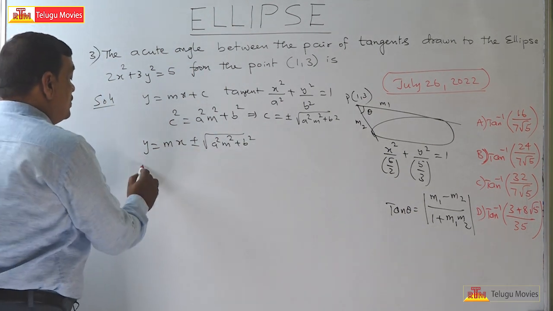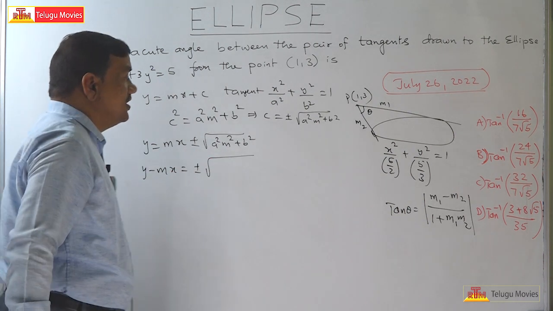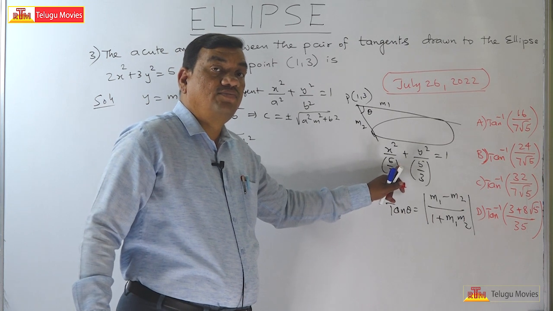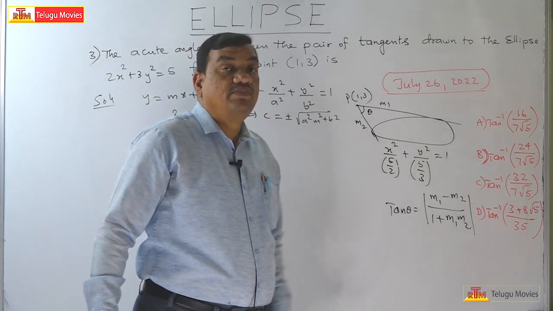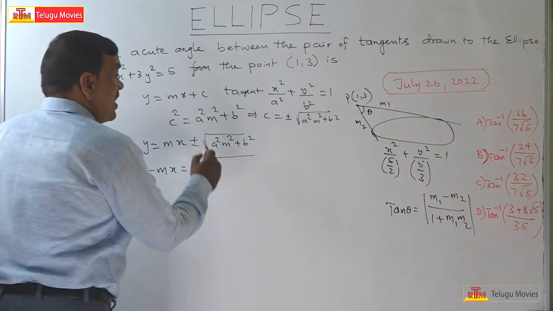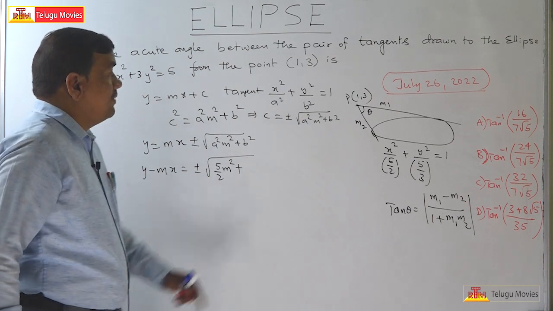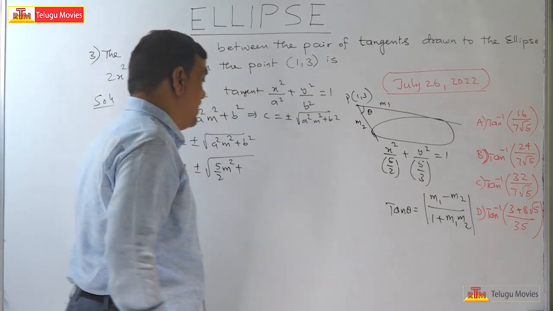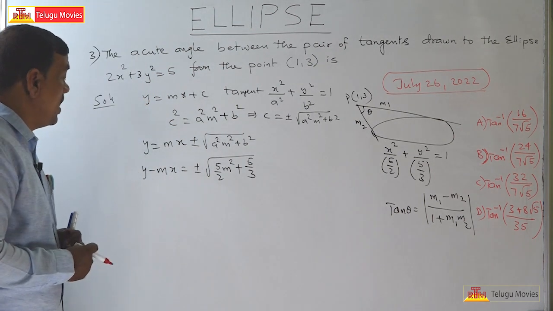So write it down as y = mx ± √(a²m² + b²). For the ellipse x²/a² + y²/b² = 1, the a² value is 5/2 and the b² value is 5/3. Then squaring on both sides.